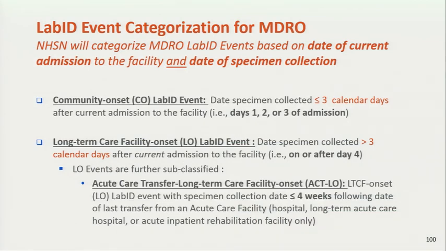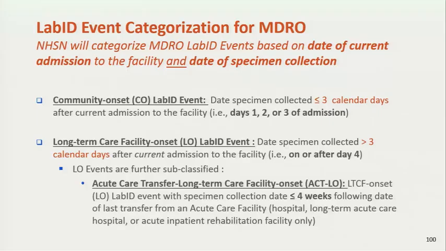Next, I want to talk a little bit about the LabID event categorizations for MDROs. This is similar to the categorizations for C. difficile, and Elizabeth is going to talk more in detail with you all about what these mean and some examples in the analysis section today. But community onset LabID event, or a CO, is defined as the specimen is collected 3 or less calendar days after admission to the facility.